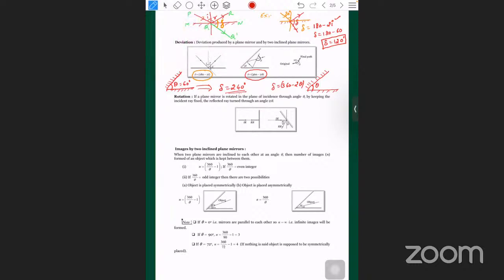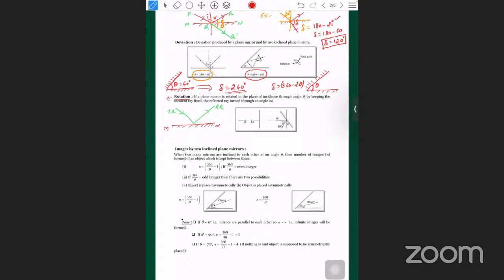Next one, very important. Two to three times they have asked questions based on this concept in competitive NEET-level questions. Suppose this is the position of the mirror, Mn. This is the incident ray, and this is the reflected ray.